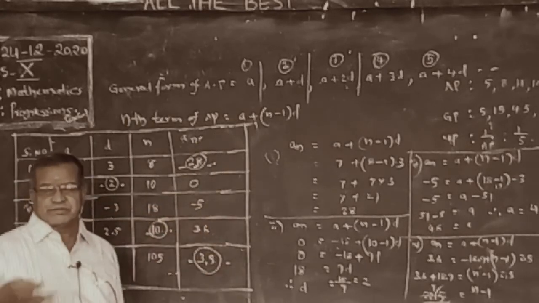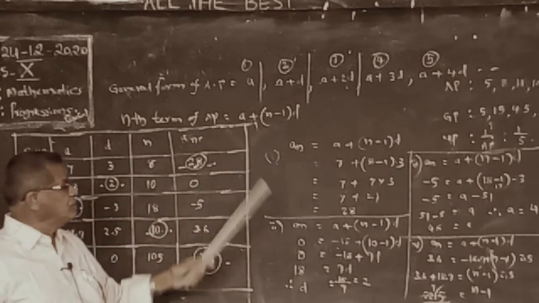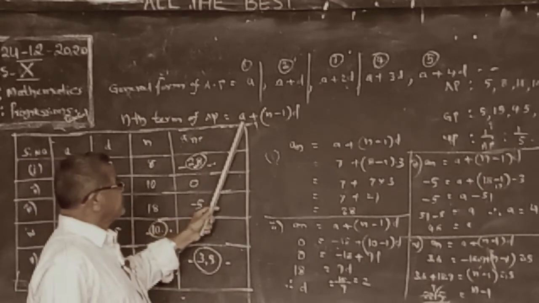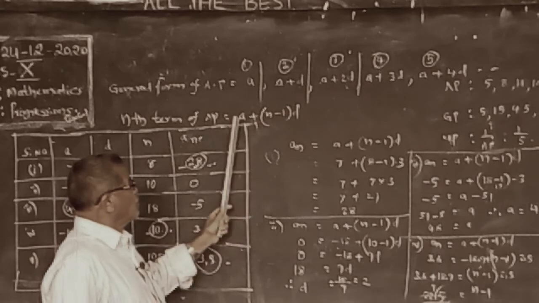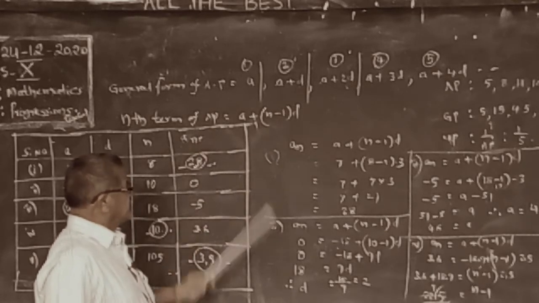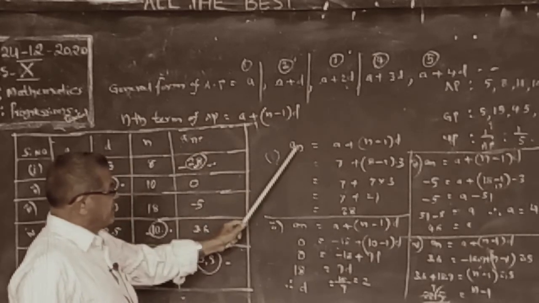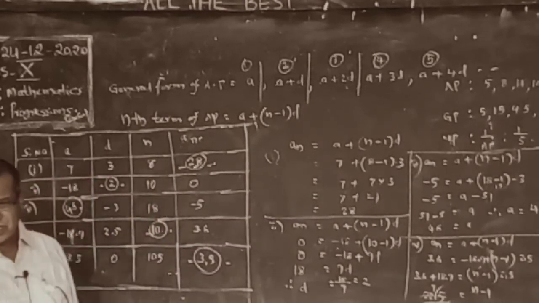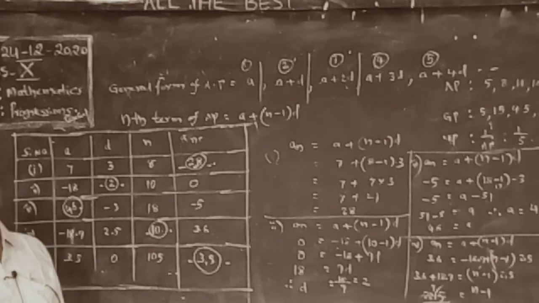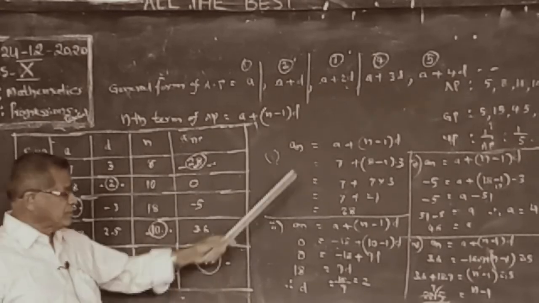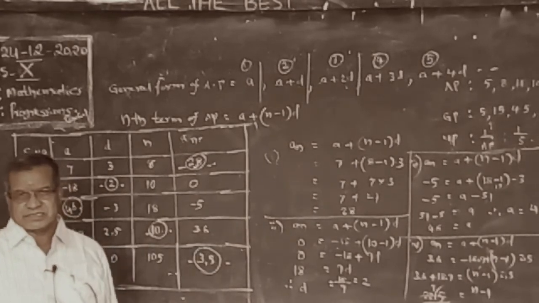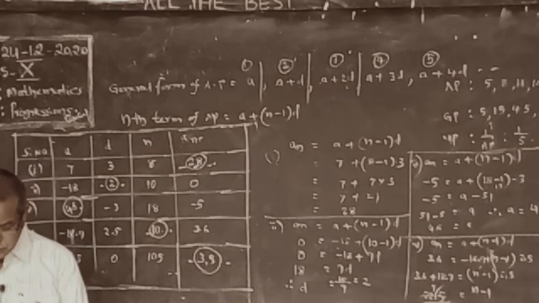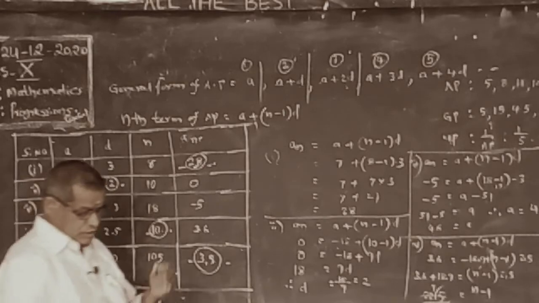Every day, 10 times, then only you will easily remember the formula. Here A is there, N is there, D is there. Among the 4 terms, if you give any 3, you can find the other. That is the application of nth term. Next problem.